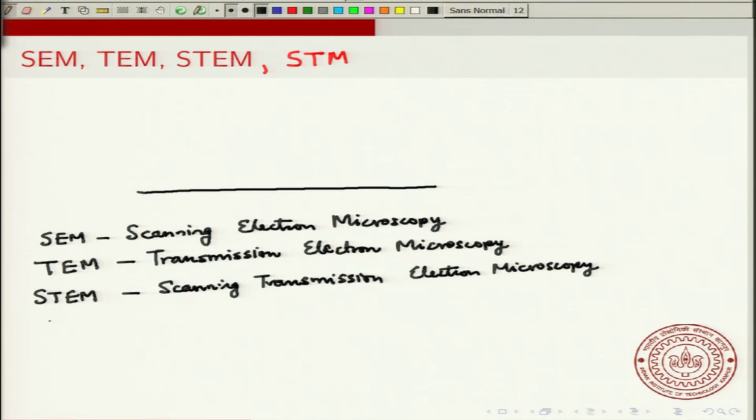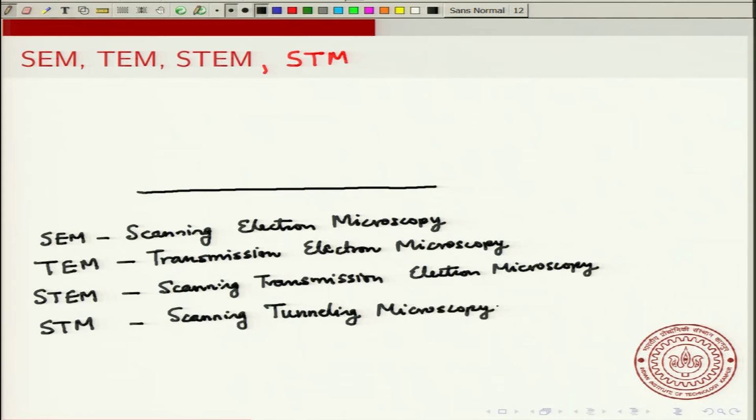And then there is STM, scanning tunneling microscopy. This is again only for surfaces, but it is a highly sensitive technique. It can give atomic resolution.